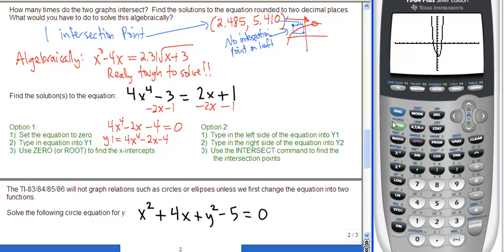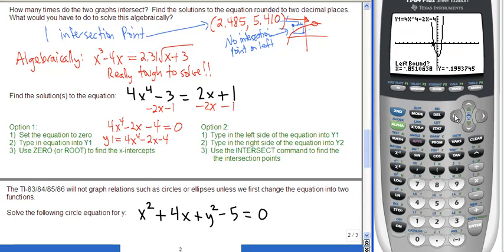How I would do that, remember we did this earlier, is to go to calc, which is right above trace. So you're going to go to second trace, and remember this time we were finding a 0 where this equation equals 0. So I want to use the 0 command, number 2, and I want to find the 0 on the left side. So I'm going to go to the 0, it's about there, and to get the left bound, go just to the left of it.